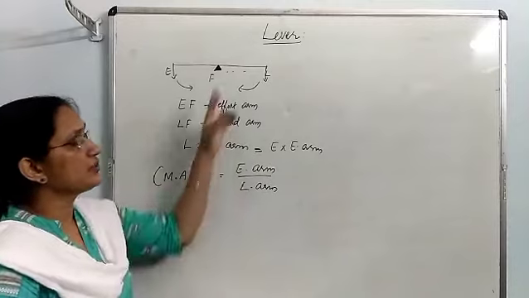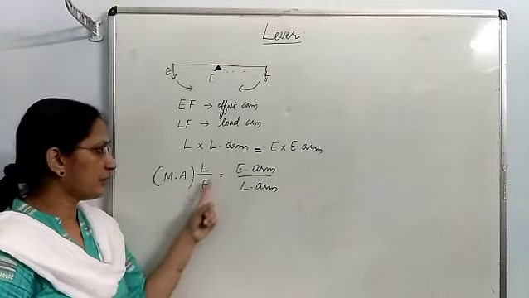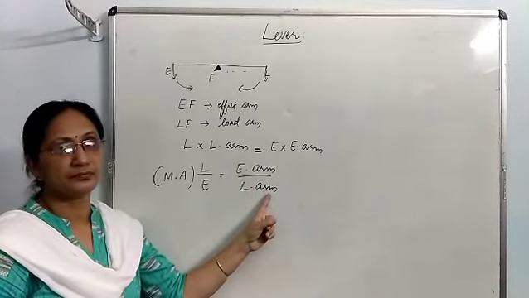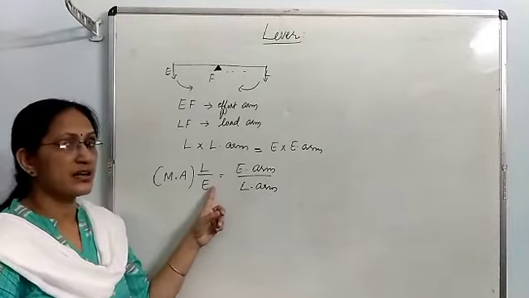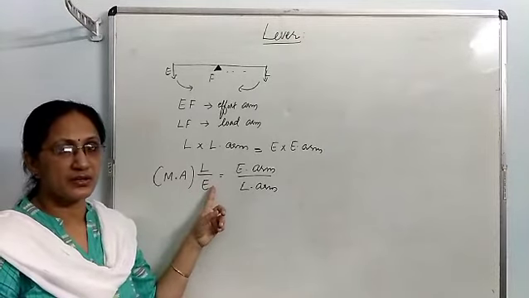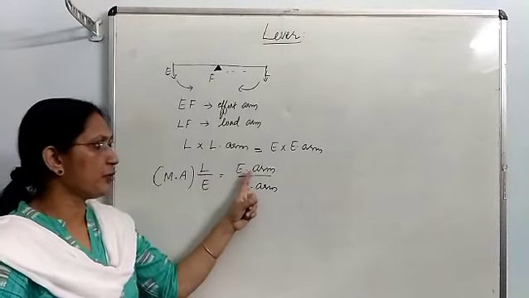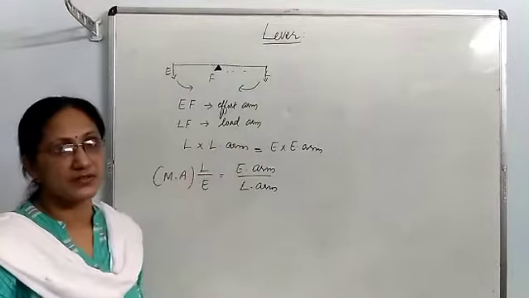So mechanical advantage of a lever can be written as either L by E or effort arm by load arm. Remember, L by E is the general formula for mechanical advantage. It is applicable for all types of machines, and the formula effort arm by load arm is applicable only for levers.